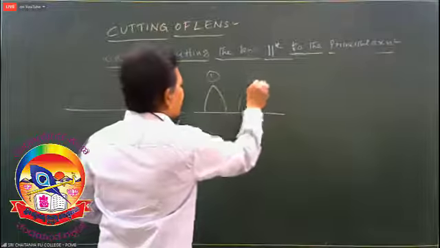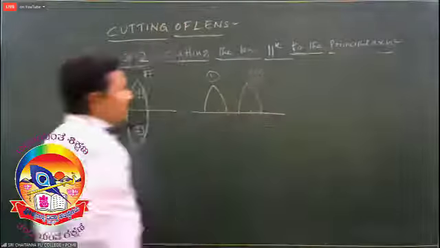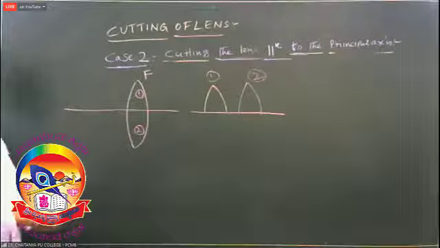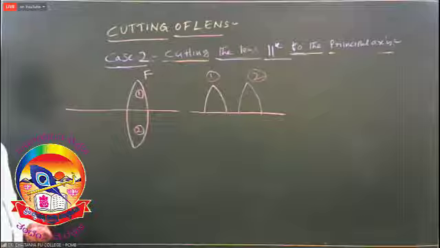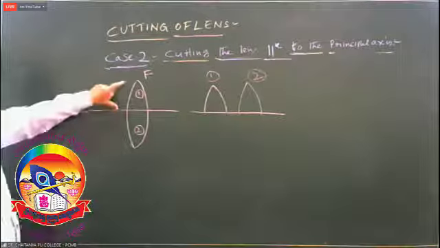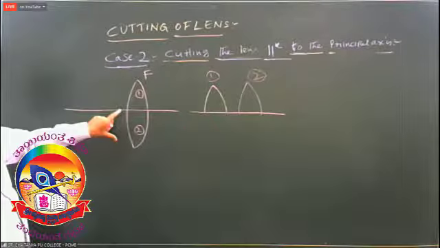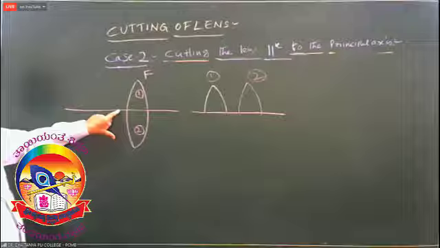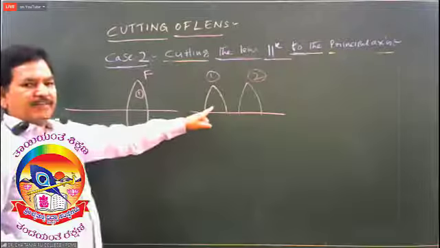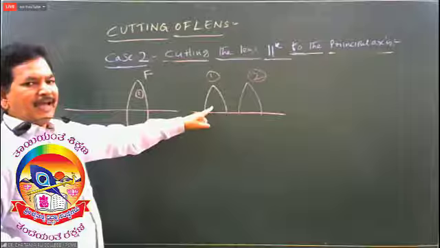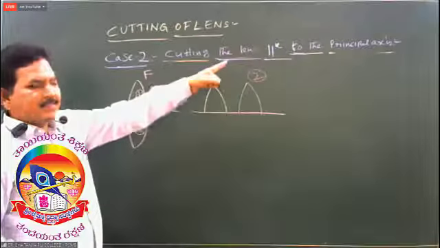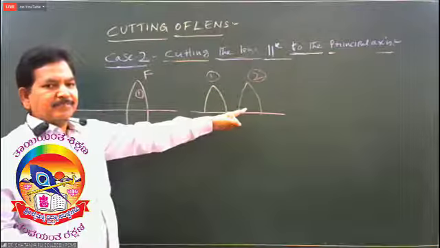If the lens was cut into two pieces parallel to the principal axis, this becomes the first half, this becomes the second half. So this is the first piece after cutting, and this is the second piece.